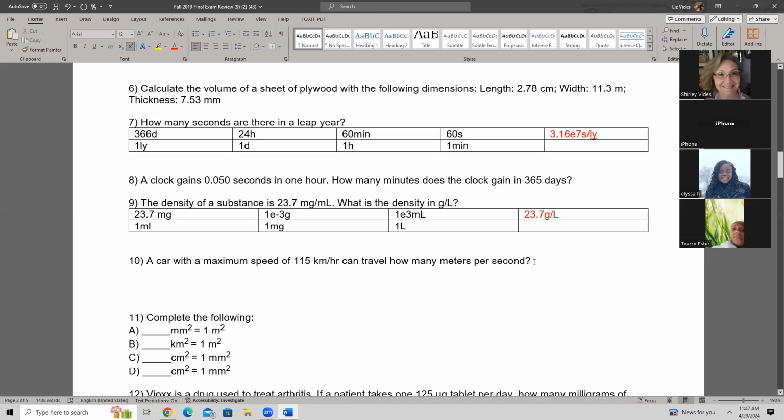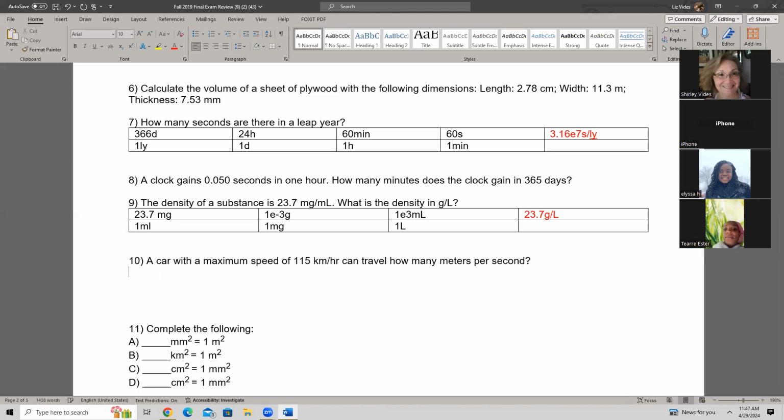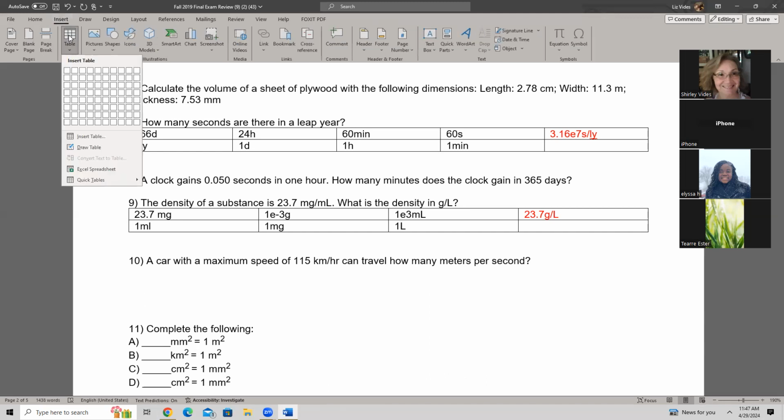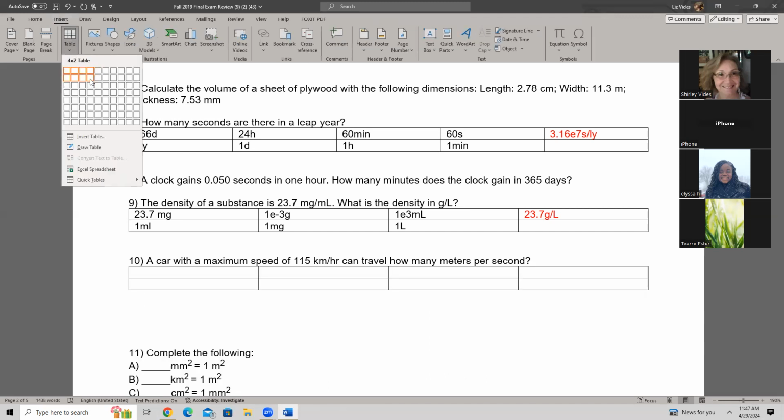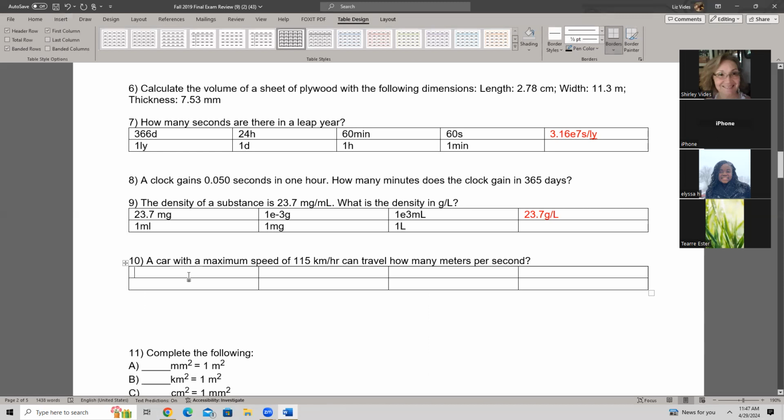Now I'm going to also do 10 because I want you to see an actual double-sided problem like this one. So I'm going to go ahead and insert a table of 4, I think would probably be enough. Okay, so we got 115 kilometers in 1 hour. Yes, that's how much it travels.